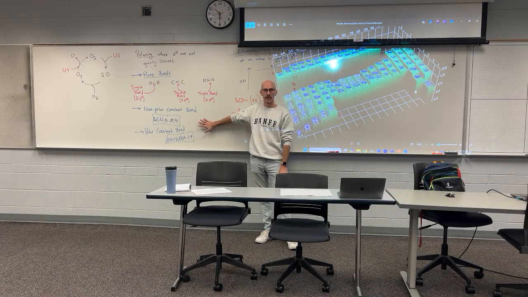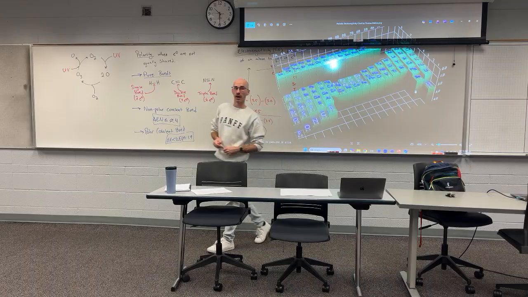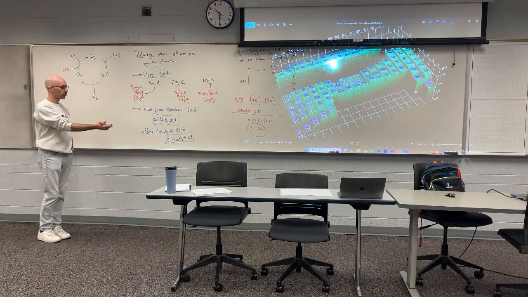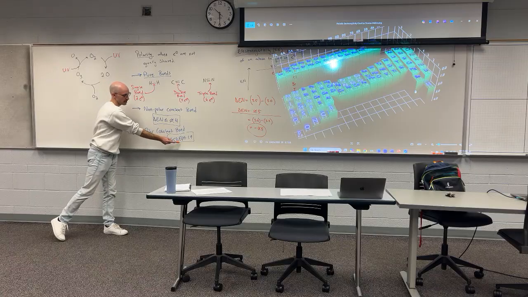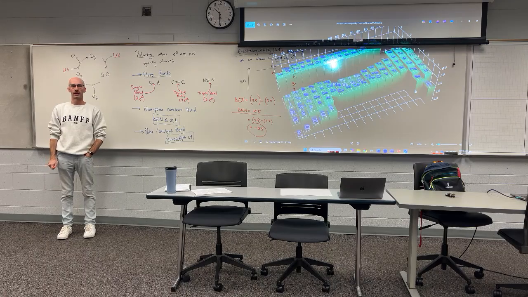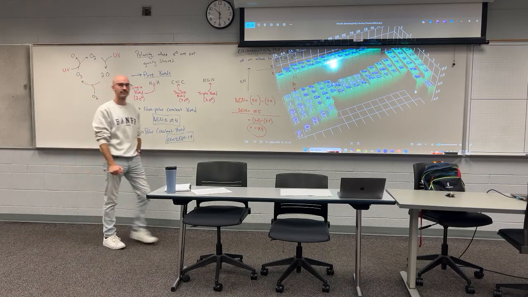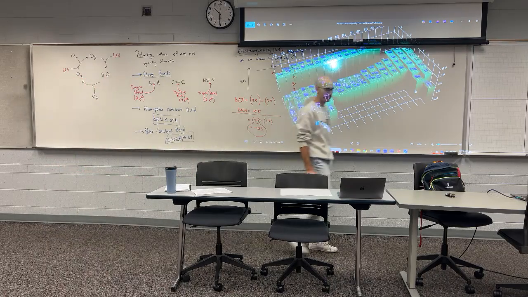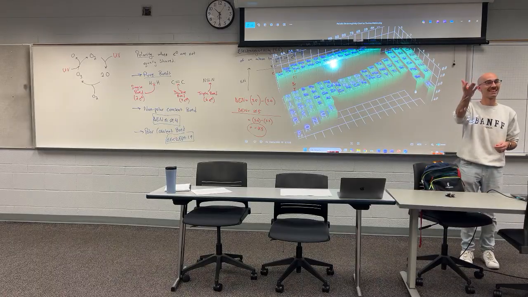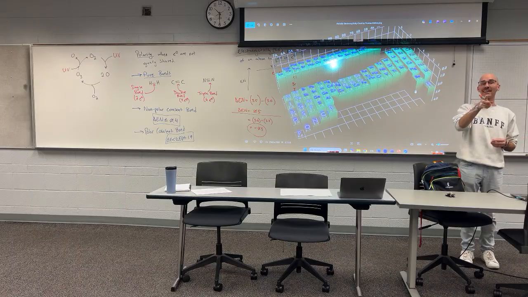Can you guys give me a bond that you know would be ionic? And then let's prove that an electronegativity difference greater than 1.9 is an ionic bond. Give me the bond of an ionic compound you know. One more time. Sodium chloride.